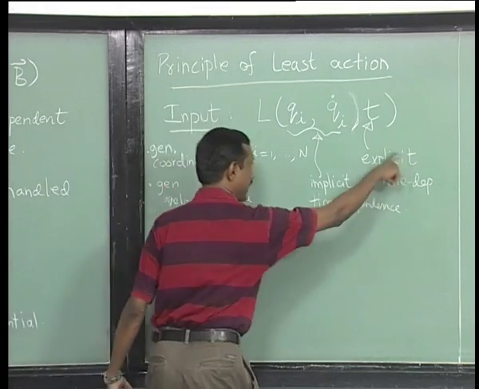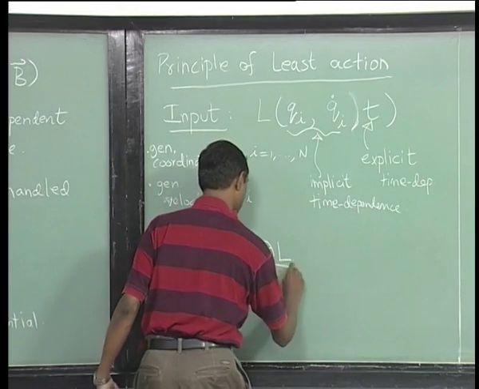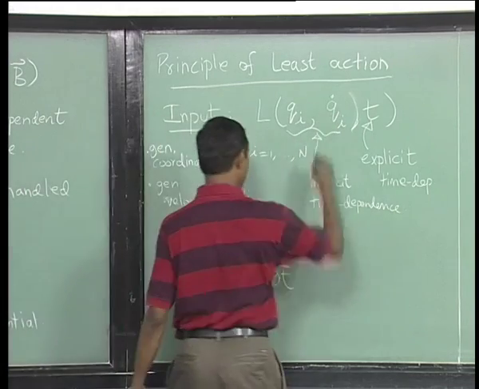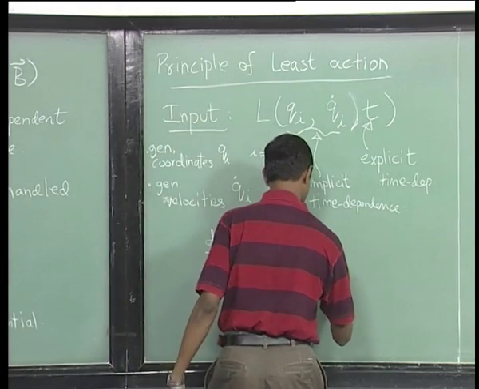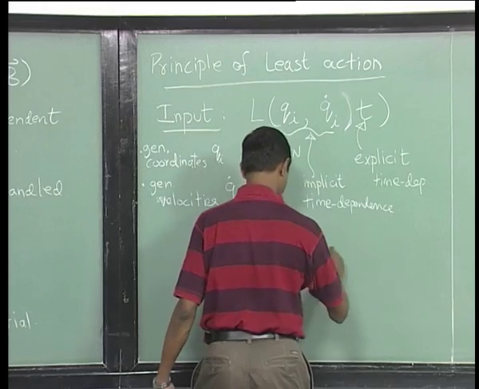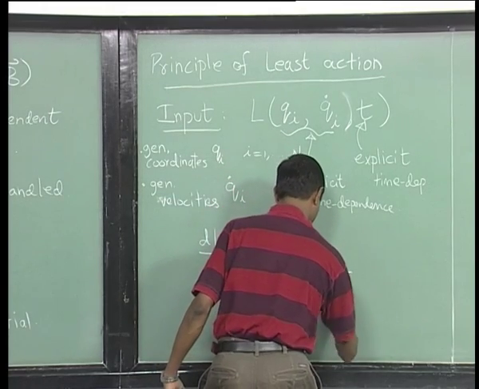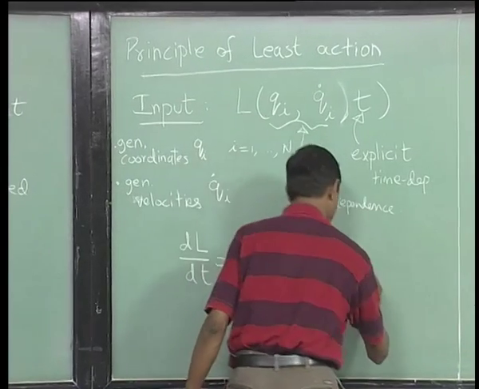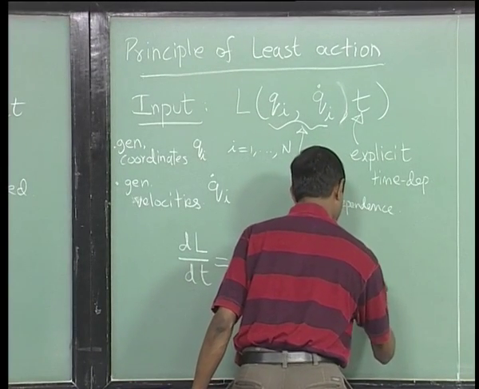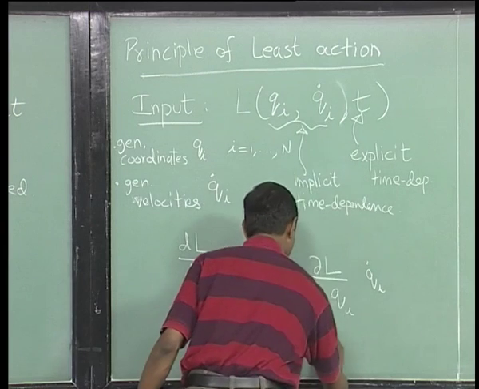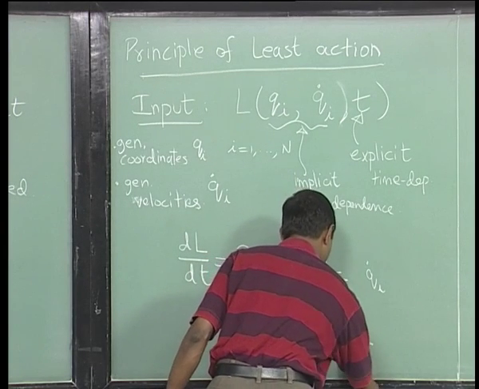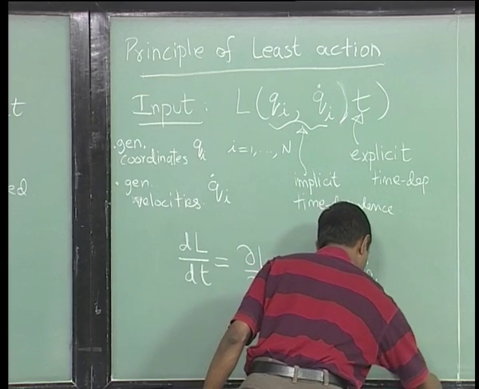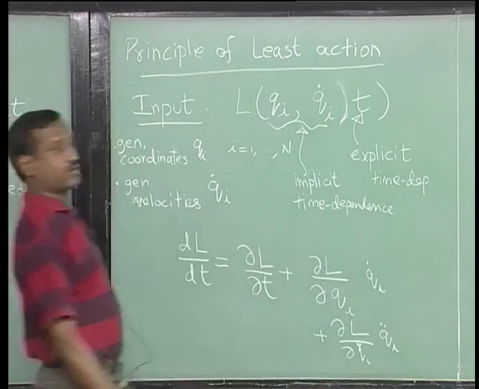One is the explicit time dependence, which you write by a partial derivative, and then you look at the various arguments, dq by dt, which I write as q_i dot, plus the remaining term.